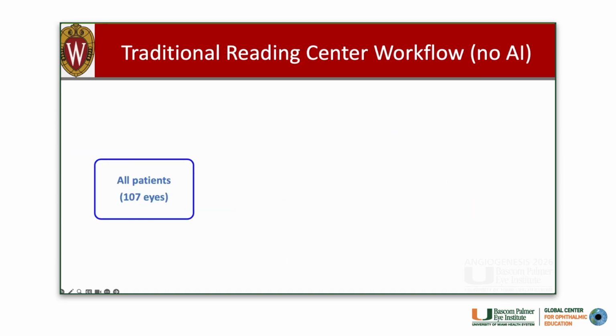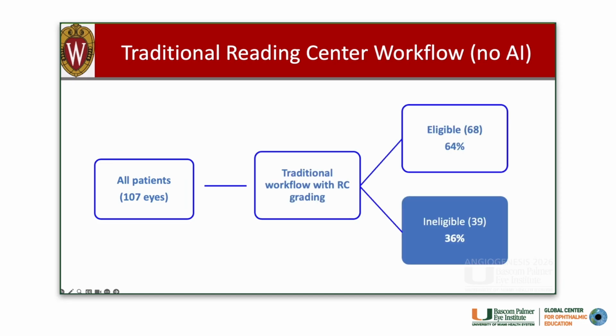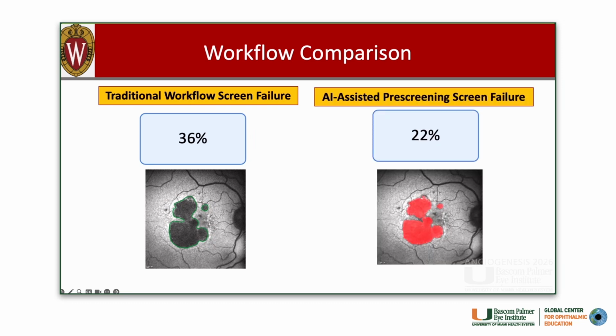The traditional reading center workflow with no AI, images go straight to the reading center. Here there was a high rate of eligible, 64%, but ineligibles were at 36%. So let me show you the comparison of the two. The traditional workflow screen failure rate, 36%, that's reading center only, compared to the AI-assisted pre-screening in the clinic, 22%.